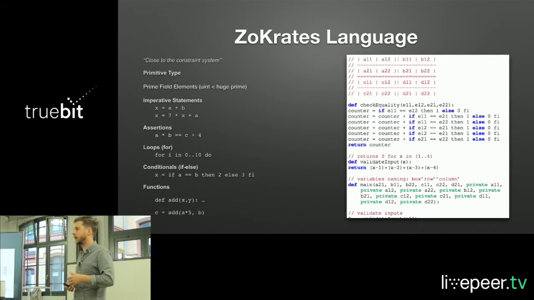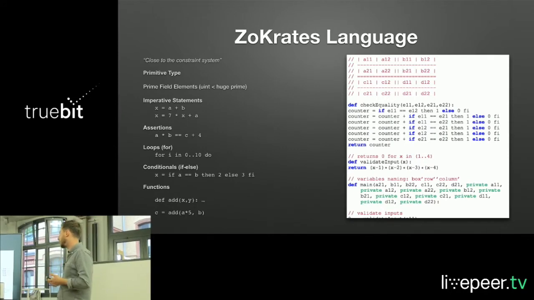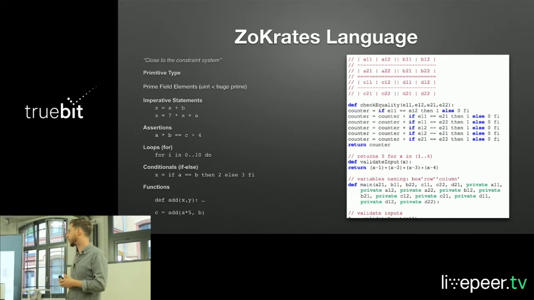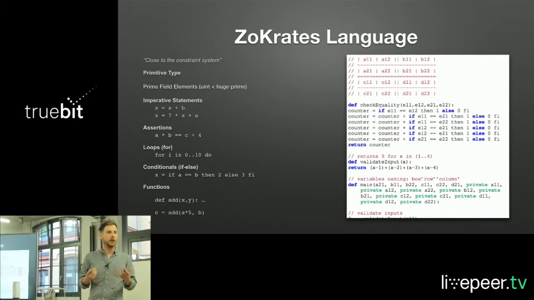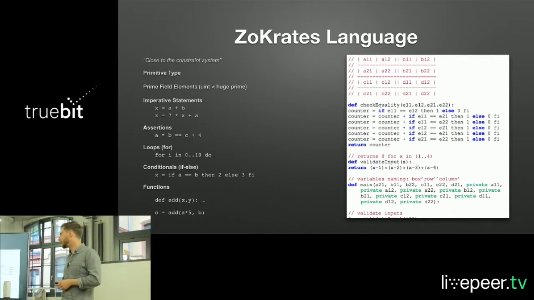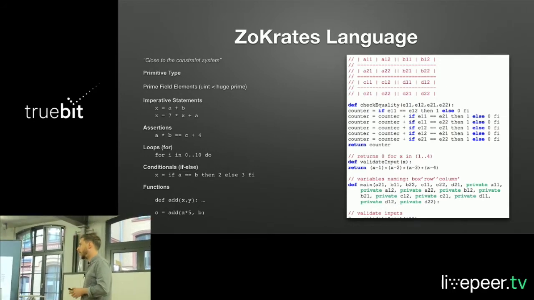Also, we just added SHA-256 hash functions, which are very important for commitment schemes and secret sharing schemes that you would want to implement with zkSNARKs. Then you have the things you know from other programming languages: loops, imperative statements, assertions, conditionals, functions, and also imports of other source code files. So you write your programs as you're used to, and we're extending it so it becomes even more convenient and powerful.